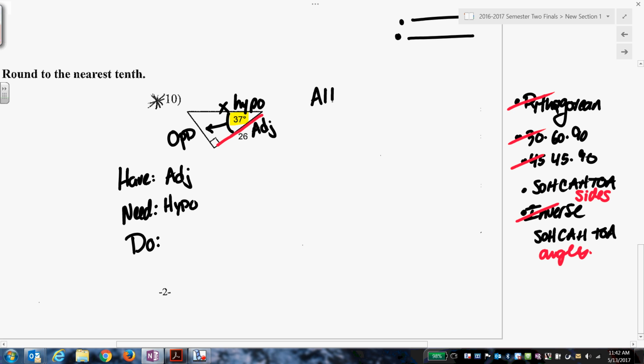We have an AH combo. We know cosine goes with cosine. Let's write our equation out. Always write your equation out.